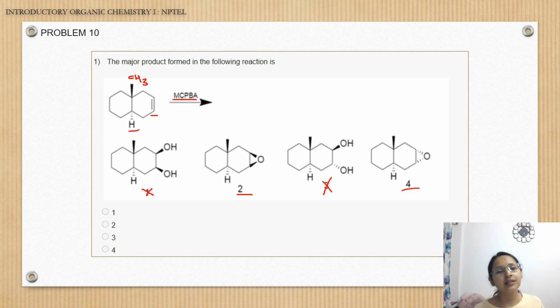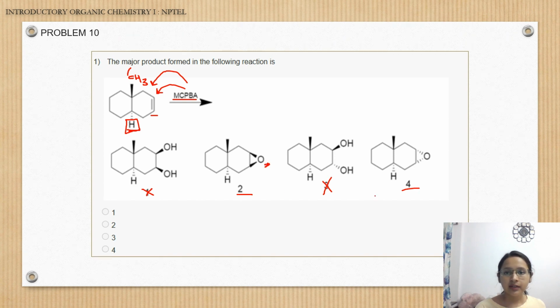Now there is a thing which comes into play, that is the steric hindrance. If epoxidation has to happen, then it will prefer that side which is less sterically demanding. It is below the plane that is less sterically hindered because of the presence of hydrogen at that position. And if it goes above the plane, then this methyl is creating the steric hindrance for this oxygen.